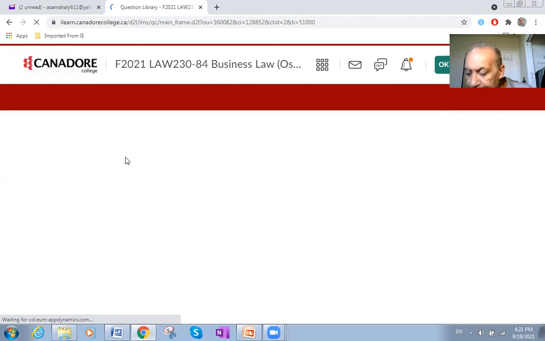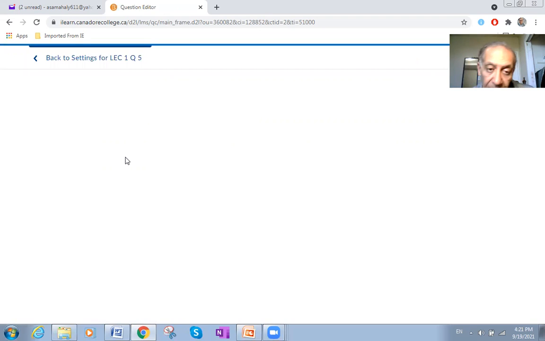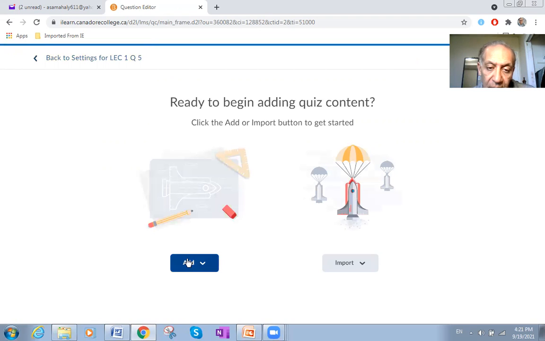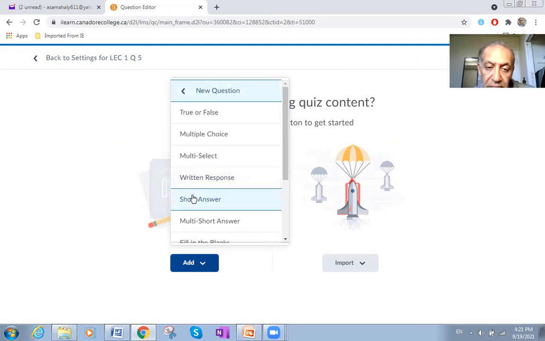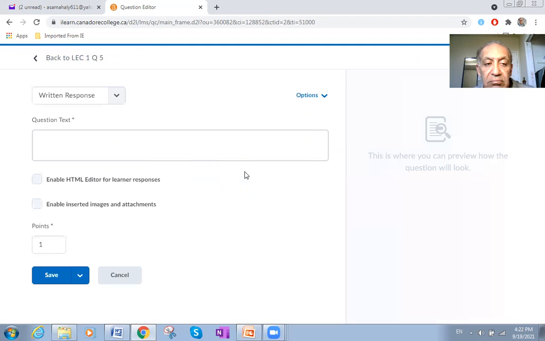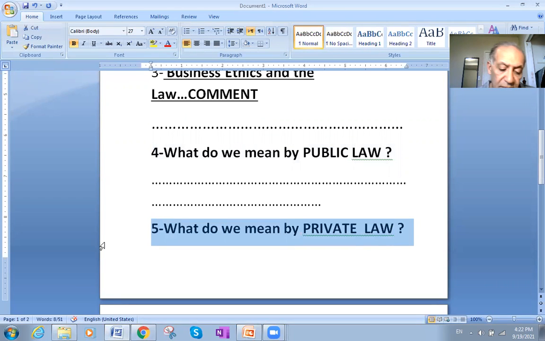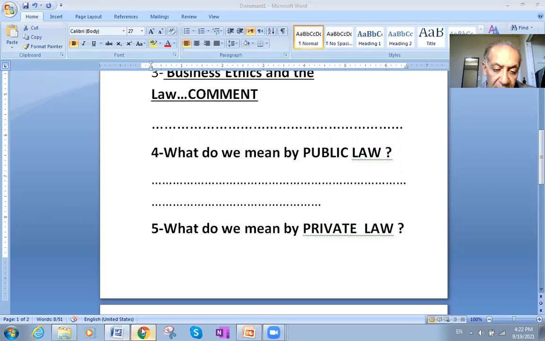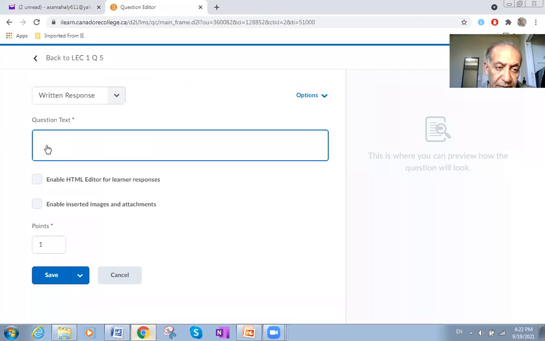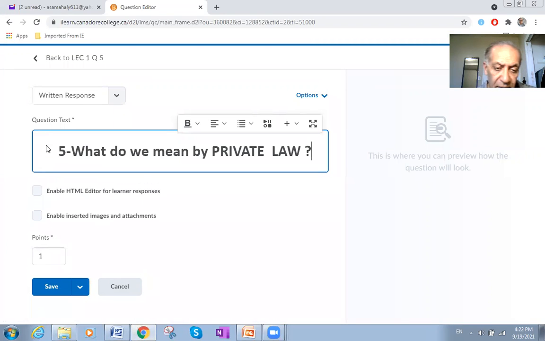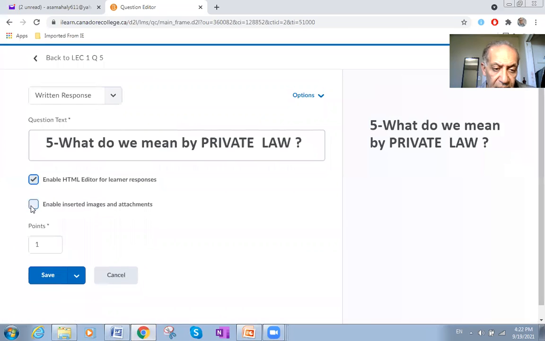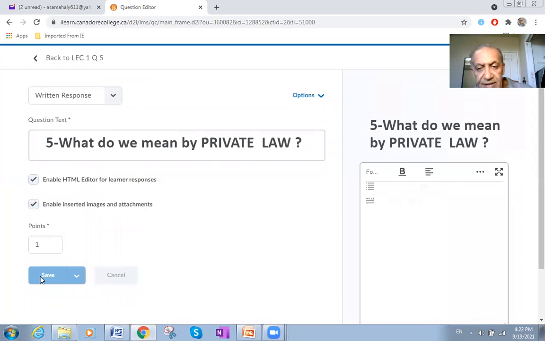Here we go. Number 5, what do you mean by private law? Control and C. Here we go. What do you mean by private law? And here is also, and save it.